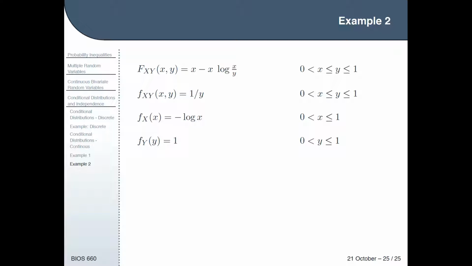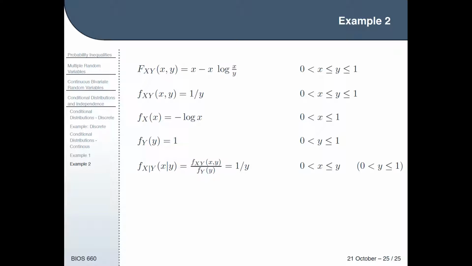So to calculate the conditional densities, we just take the joint density divided by the marginals. The conditional density of x given y is the joint density, which is 1 over y, divided by the marginal density of y, which is equal to 1. So we have 1 over y divided by 1, which is 1 over y.